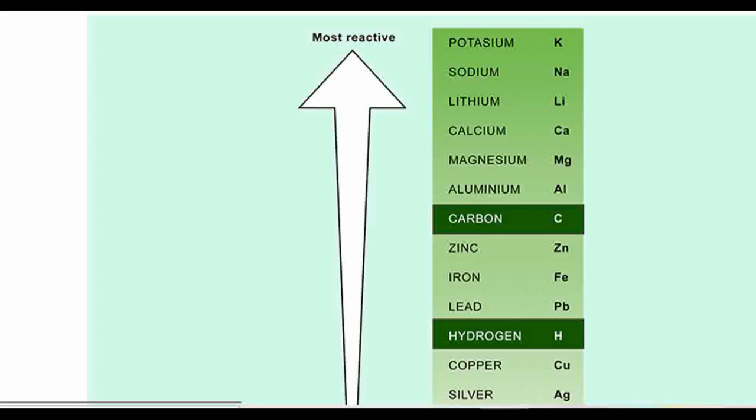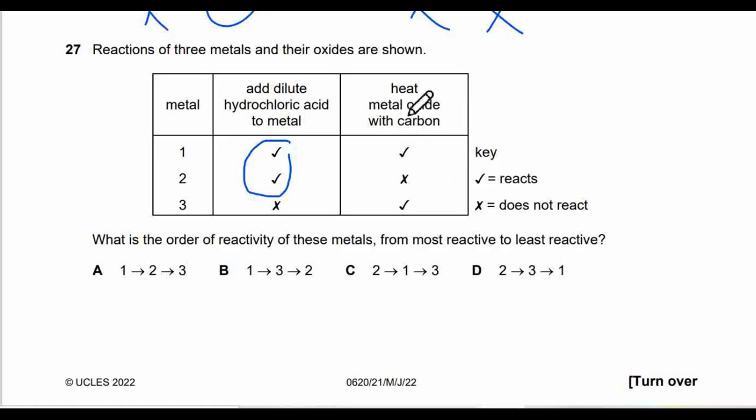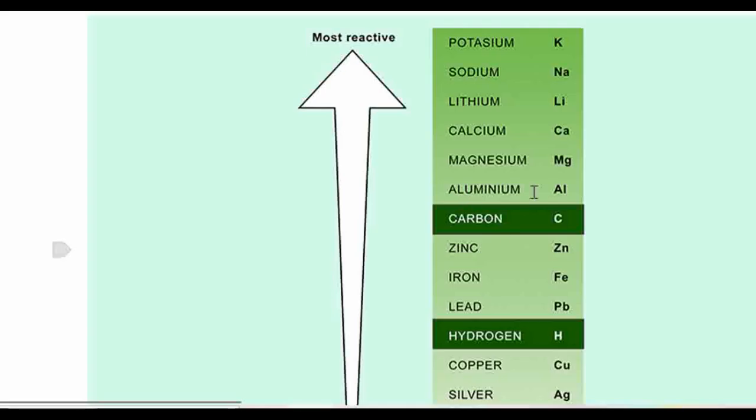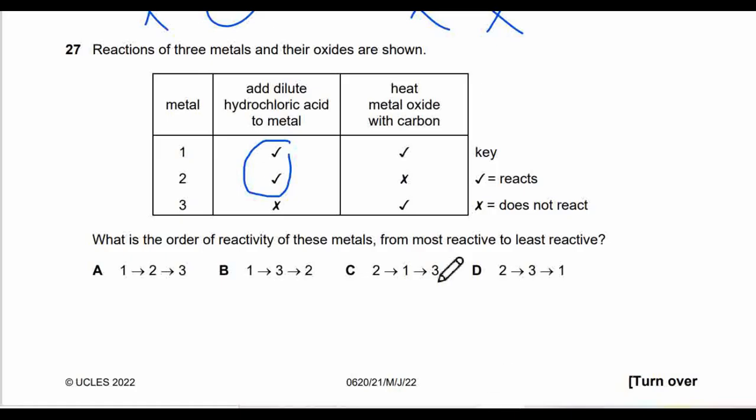What happens is when the metal oxide reacts with carbon, there will be no reaction since they are reactive. They tend to stay in the metal oxide. Then carbon cannot displace the more reactive metal. So the more reactive metal will have no reaction.